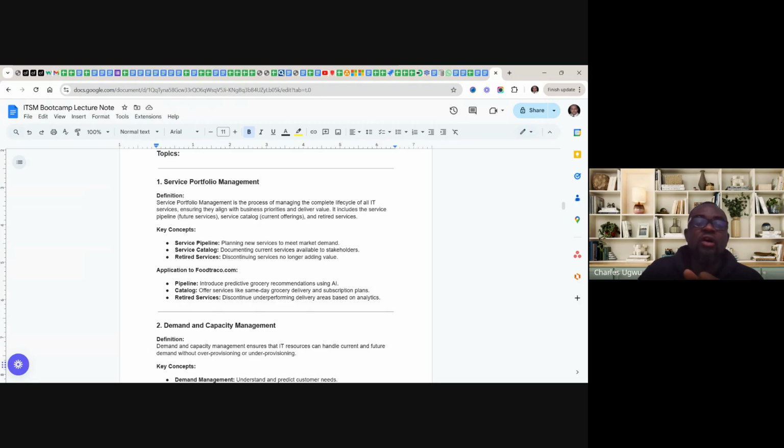The kind of IT we need will give us something like same-day delivery and subscription plan. Retired services: discontinuing underperforming delivery areas based on analytics. So these are the kinds of services we need, and the kind of infrastructure that will support them. In our platform, we will make sure our e-commerce has the capacity for same-day delivery.